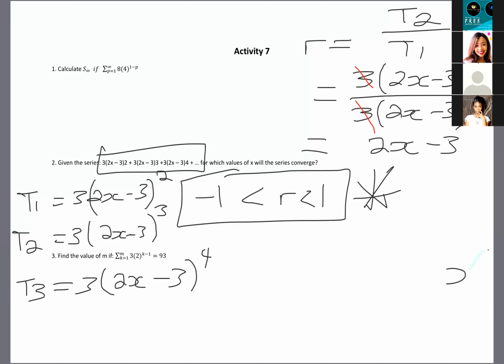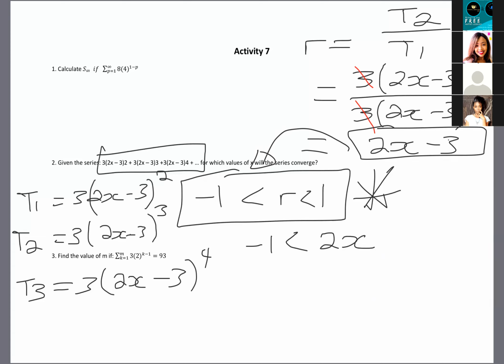So now that I know what my R is, I take this R and I substitute it into this equation that you gave me. Then negative 1 is less than 2x minus 3, which is less than 1. And then I just solve for x.